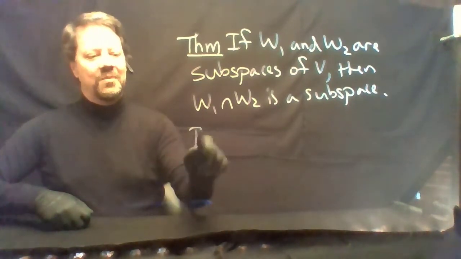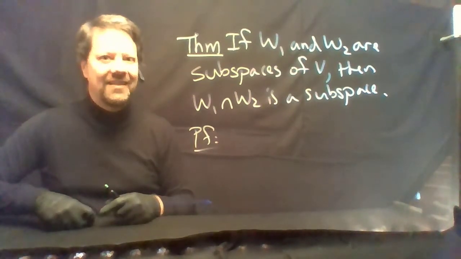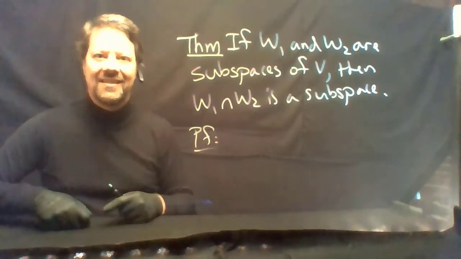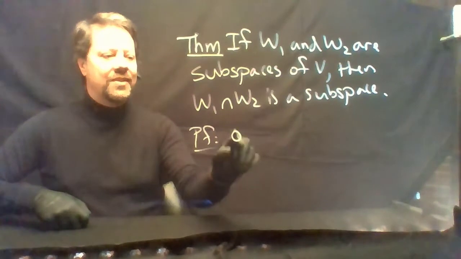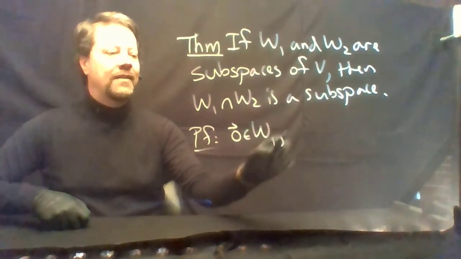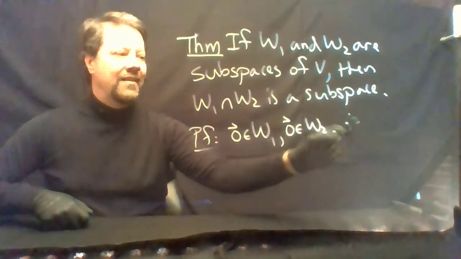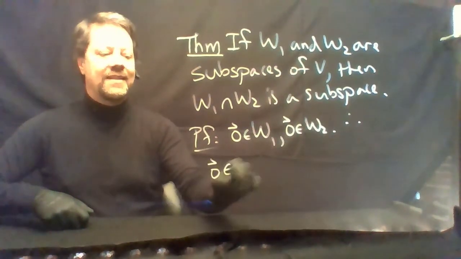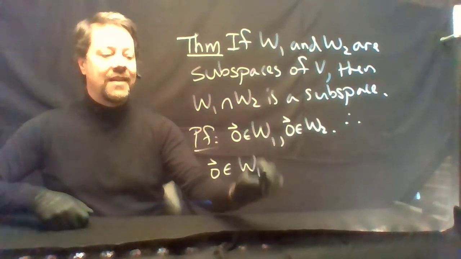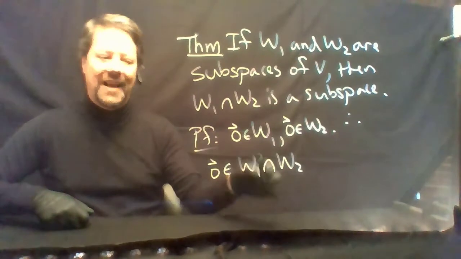Proof. There are three things to check for a subspace. First, is it empty? Notice that the zero vector from V has to lie in both W1 and W2. Therefore, this vector lies in the intersection, since the intersection consists of everything common to both W1 and W2.